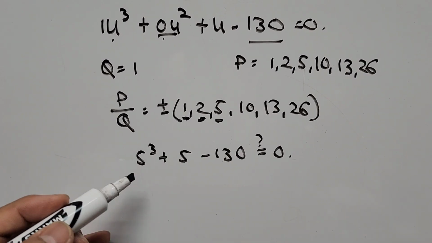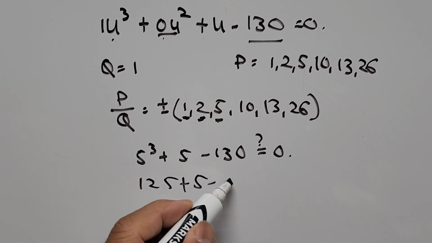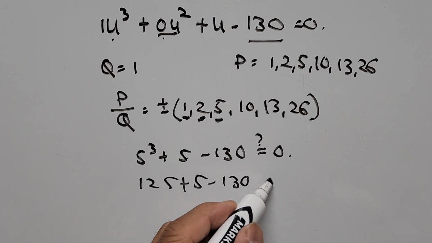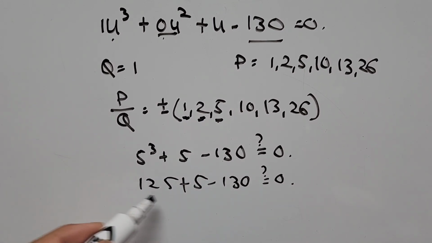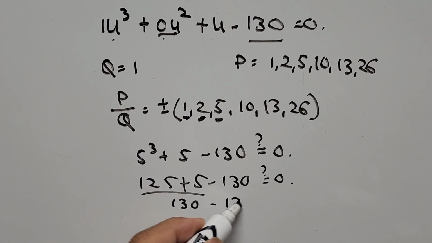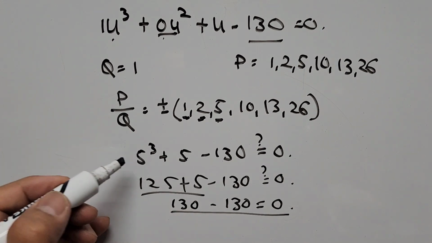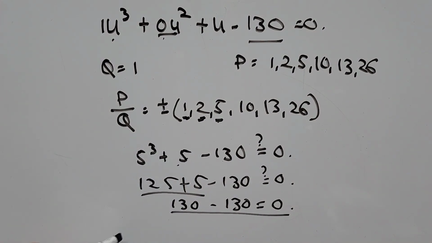We have 5 cubed, that's 125, plus 5 minus 130. So is this equal to 0? So we have here 125 plus 5 is 130 minus 130. So this is equal to 0. This simply means that one of the values of u is 5. So u is equal to 5.